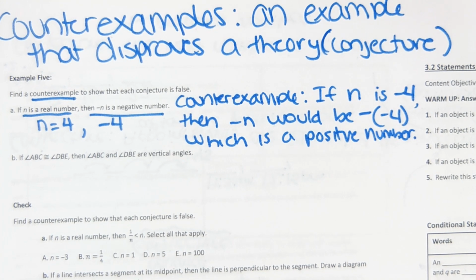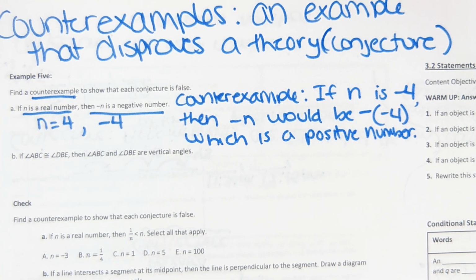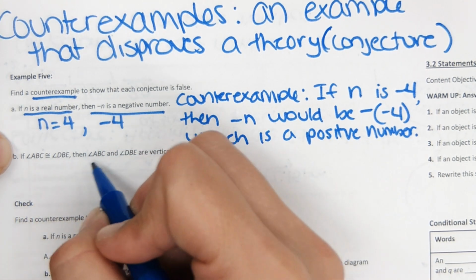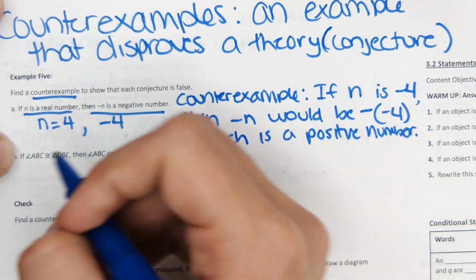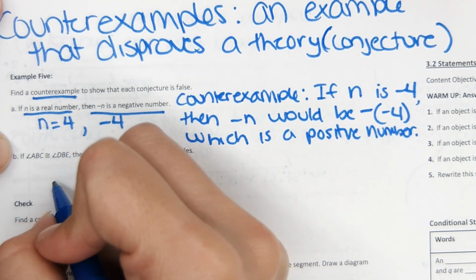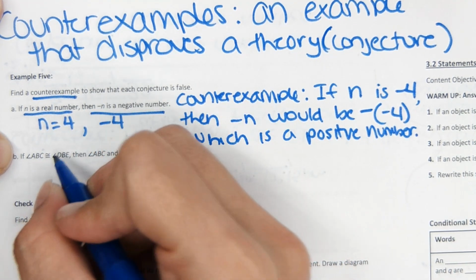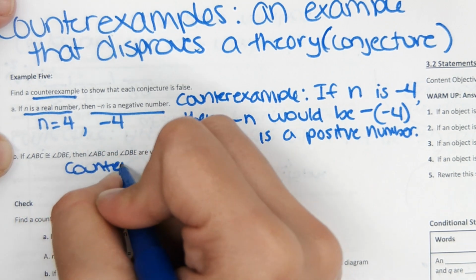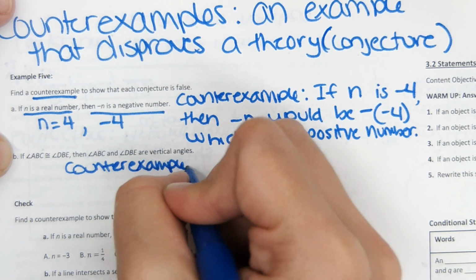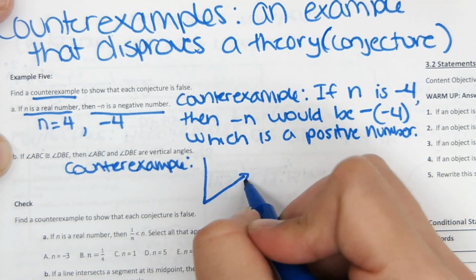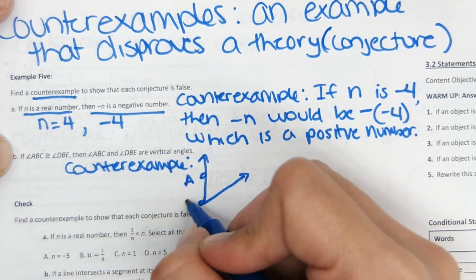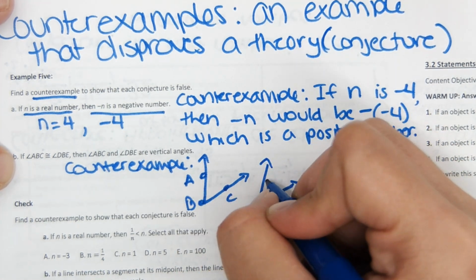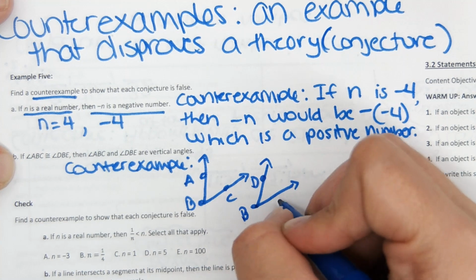Okay, so for B, it says if angle ABC and DBE are congruent, then ABC and DBE are vertical angles. Well, they could be vertical angles to be congruent, but they could be congruent without being vertical angles. So a counterexample to this would be, okay, you have angle ABC and angle DBE.